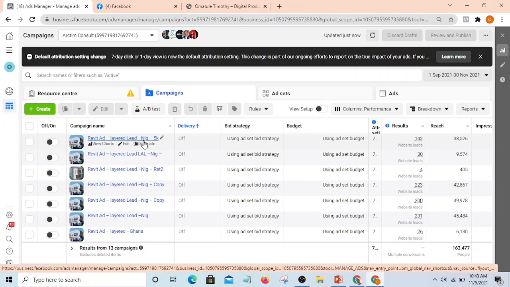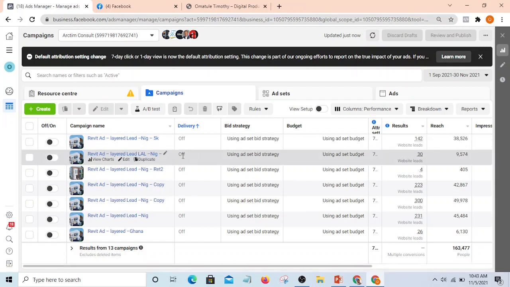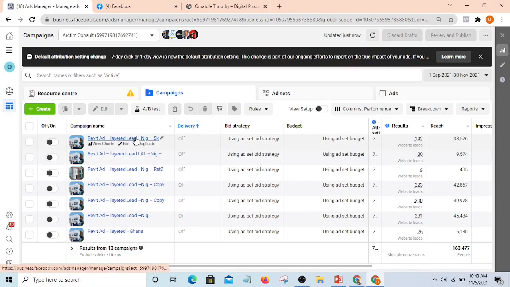So vertical scaling is better when it comes to high engagement, because your engagement is now concentrated on one ad. So it's going to give you more results in the long run.